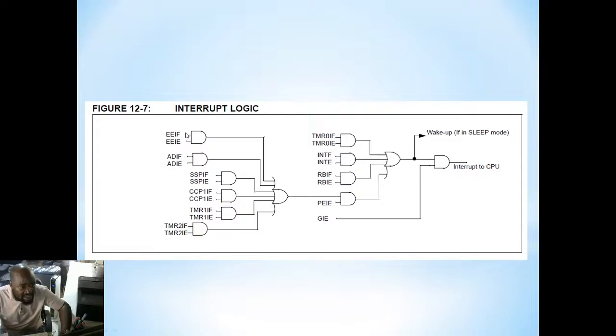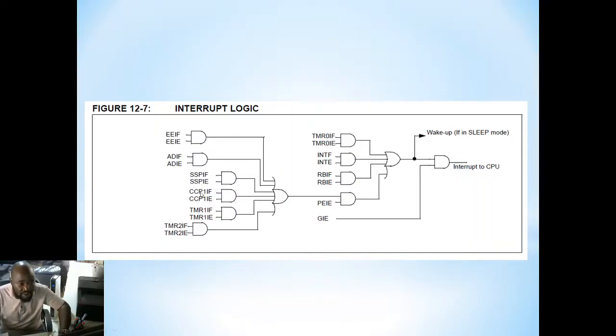The interrupt flag is set automatically when the interrupt takes place, and you always have to clear the flag before you return from the interrupt, so that you wait for the next interrupt. You don't keep on going back to the interrupt due to one interrupt which took place. You need to clear the flag so that whenever you go to the interrupt, it's a new course of interrupt. It's not the old course of interrupt, right?